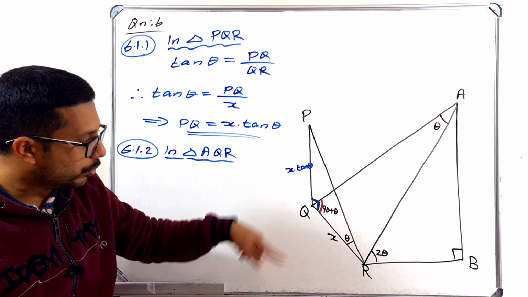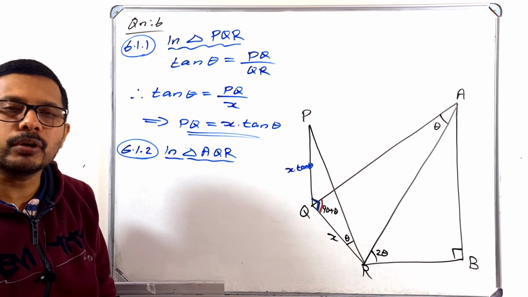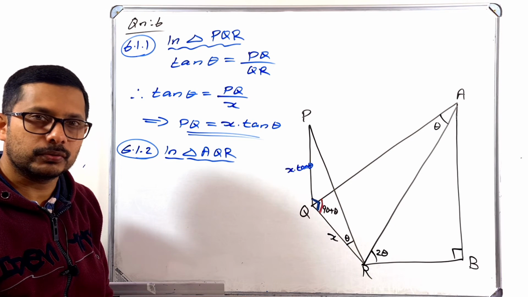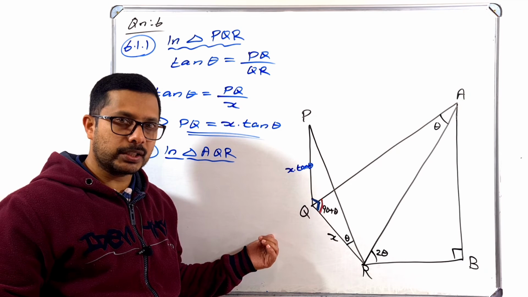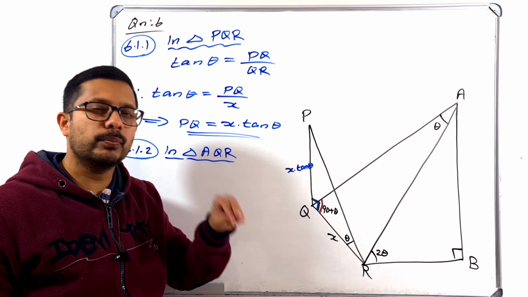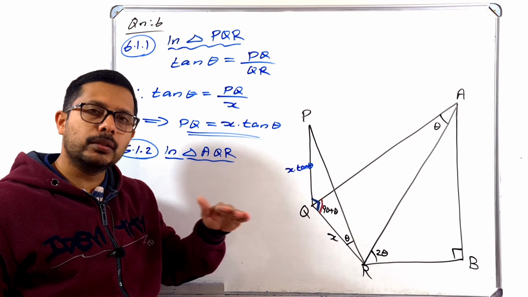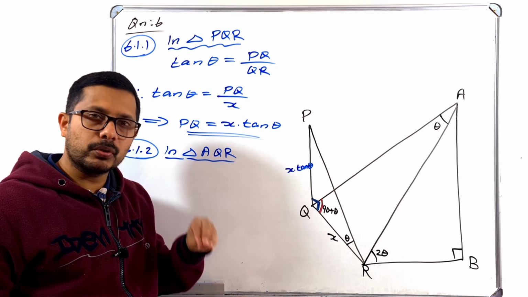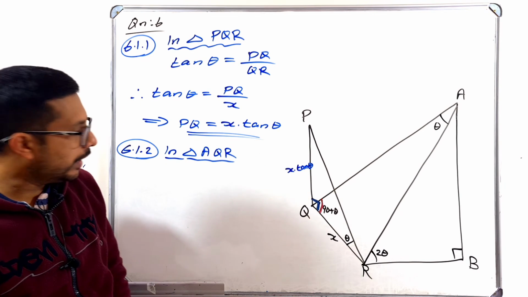Okay, AQR. So in AQR, I'm going to apply sine rule. Do you remember sine rule? This is a revision section. Those who didn't study sine rule, you must study from the class video where I explain all the rules: sine rule, cos rule, area rule. Here I'm going to apply a sine rule.